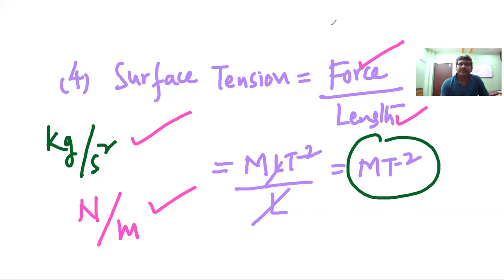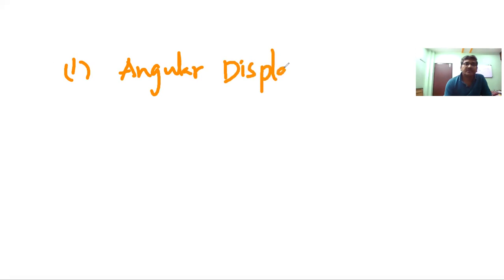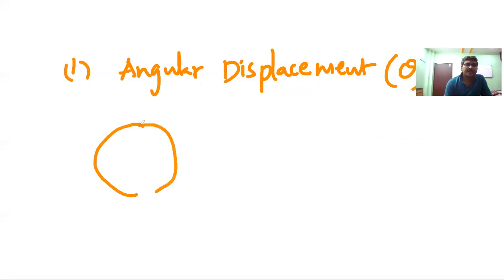Let us see the new quantities here. Let me take up one by one. First one is the angular displacement, simply denoted as theta. Let us say that this is a circle.